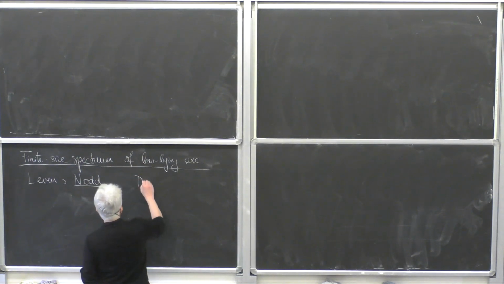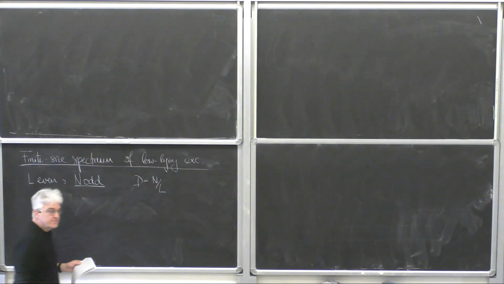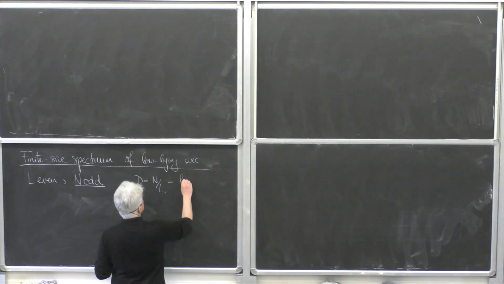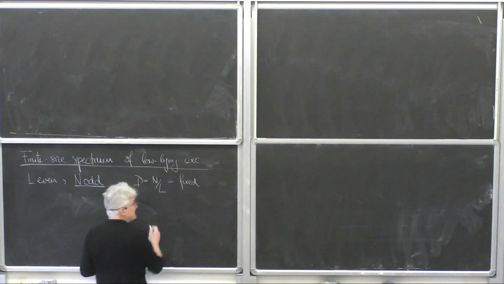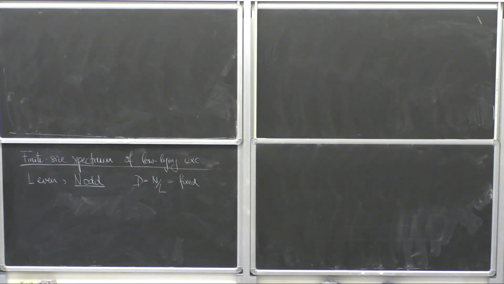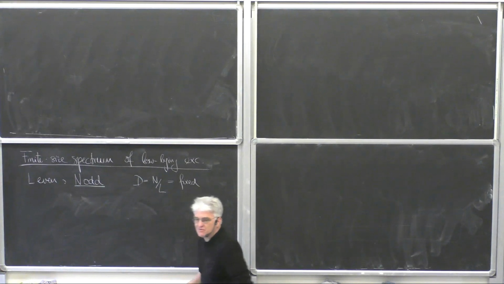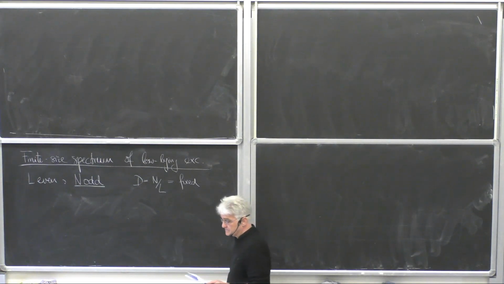But I will fix the density N over L. I take this fixed, and I'm interested in having the length of the lattice being very large, and N being very large, but the density being precisely fixed.